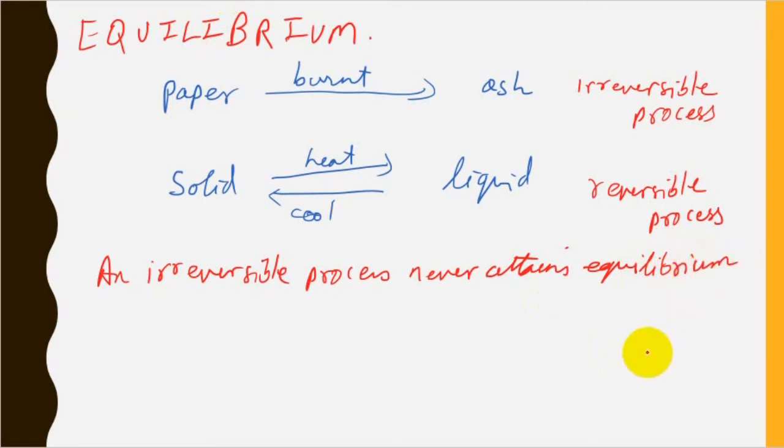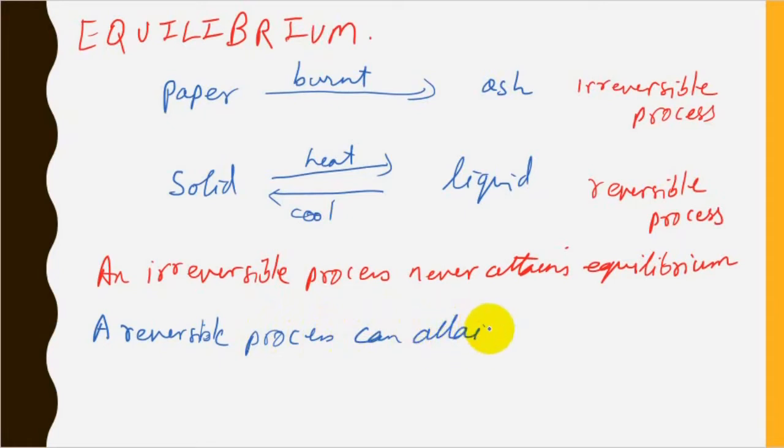If it is a reversible process, then it can. That is one of the things which you have to know. Clear? So we have to talk about reversible processes, isn't it? A reversible process can attain equilibrium.